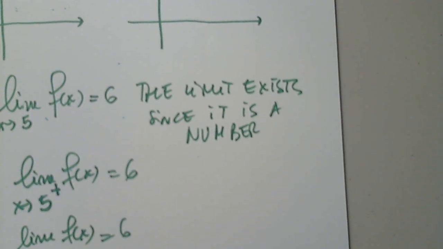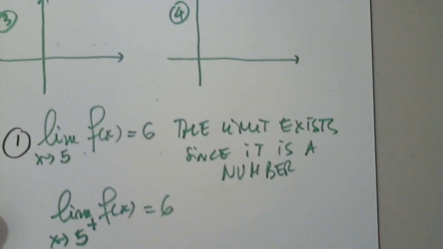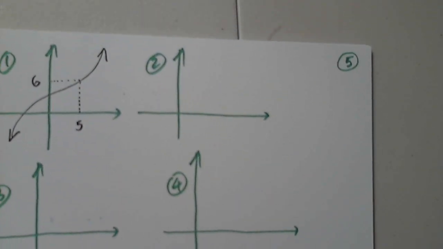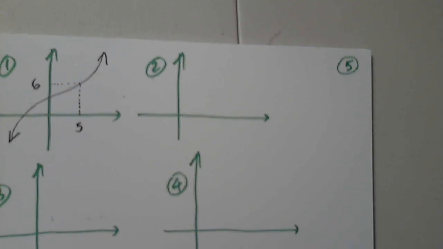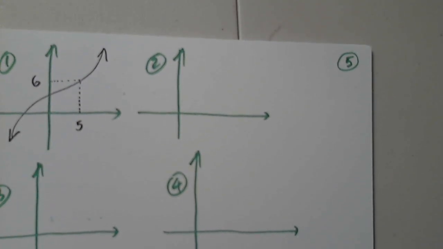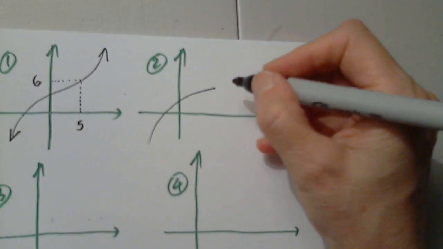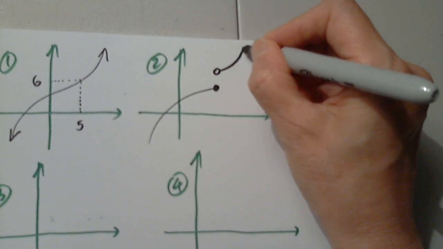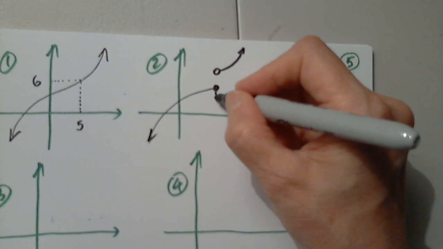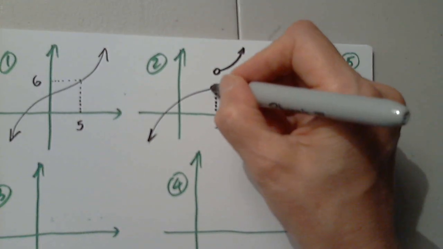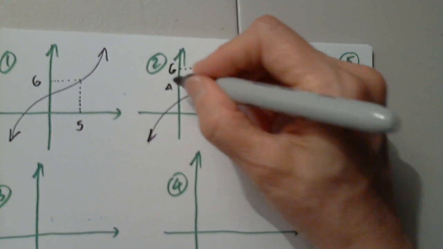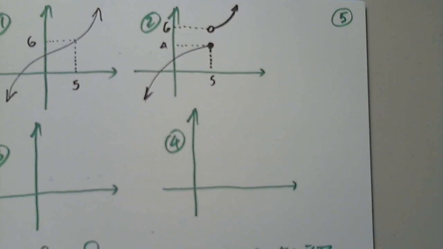That's why the limit from either side is also 6. Any questions on this example? Okay, so let's look at example number 2. I don't really like the way this camera is. Okay, I'll make other adjustments, I'm sure, later. Case number 2.